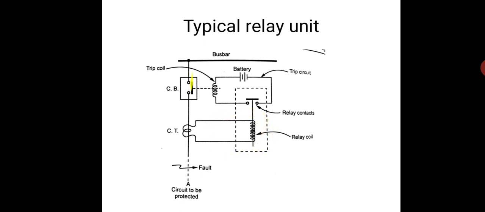The primary side is this: the line itself is acting as the primary winding. And the secondary side is this part. From the secondary winding, the current will flow into this relay coil. Can you see? This is the relay coil.